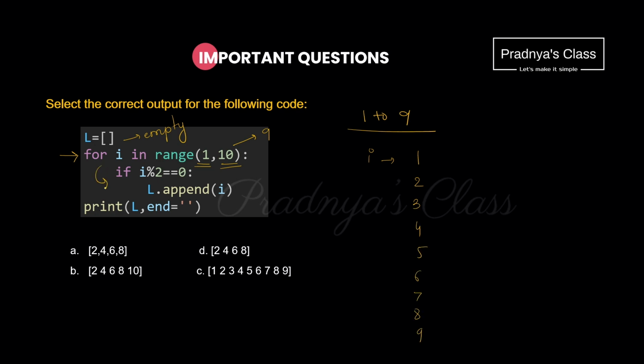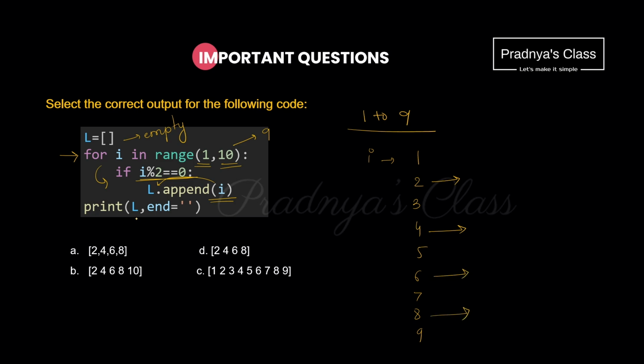Let's come inside the code. With if we have some condition, and this is very easy. I modulus 2 is equal to 0 means we are checking for the numbers which are even numbers. If the numbers are even, we are adding them to the list. So 2 will get added to the list, then 4 will get added. In this way 6 will get added and 8 will get added to the list.